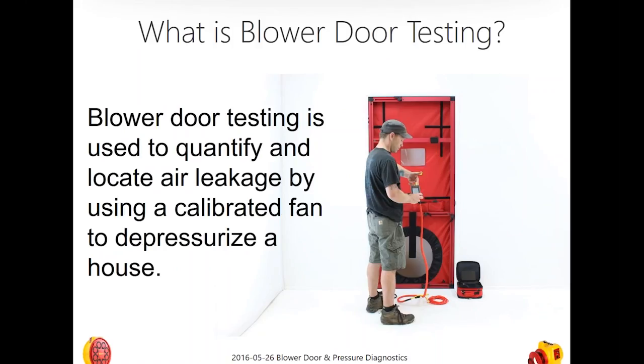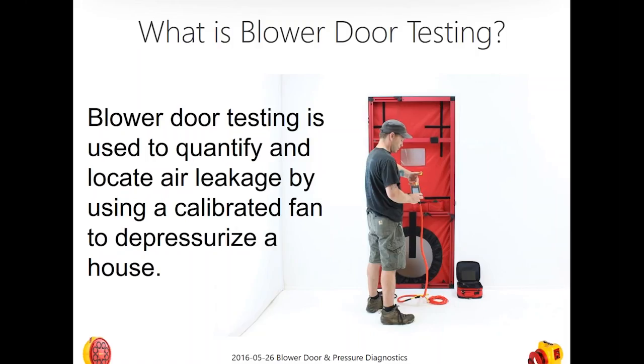So let's talk about what a blower door is. Oftentimes we take for granted what blower door testing is. We get in there and we just do it because we need to fulfill some sort of expectation, perhaps a code or otherwise, but oftentimes we don't really think about generally what it is. Blower door testing is used to quantify and locate air leakage by using a calibrated fan to pressurize a house.